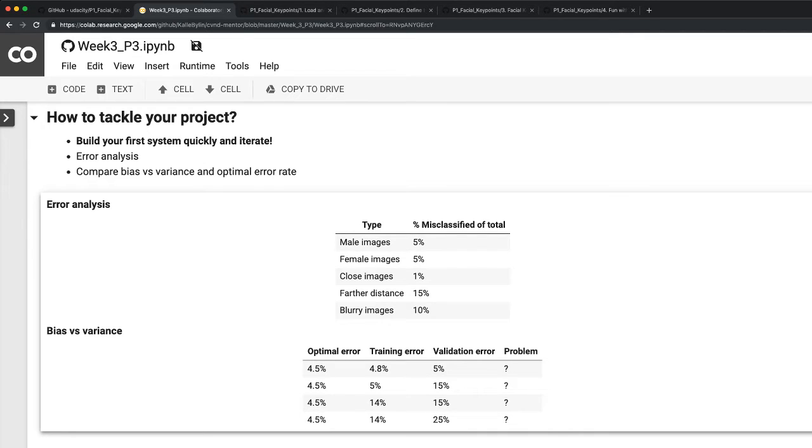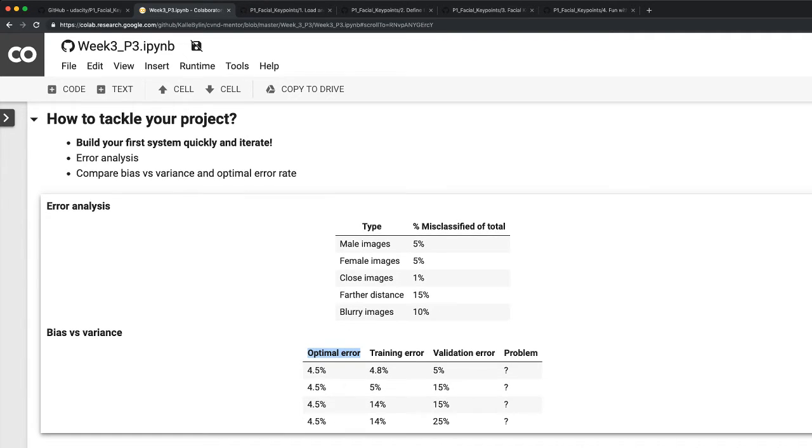Okay, so some of you are probably wondering what the optimal error is. Basically, when we talk about the optimal error, it is something that can also be known as the base error rate or the unavoidable bias, which is basically error that exists in a system that is unavoidable.